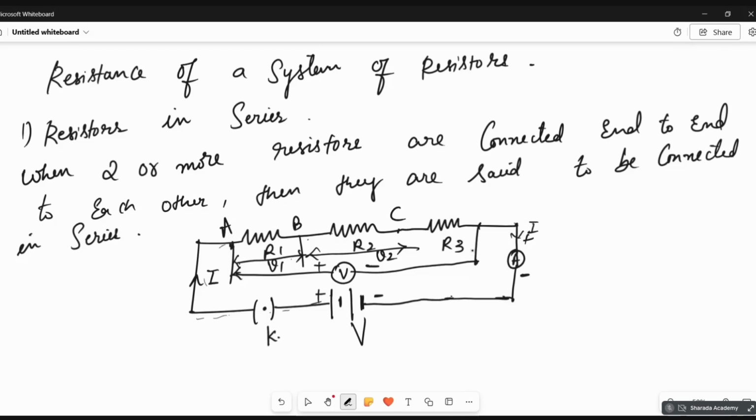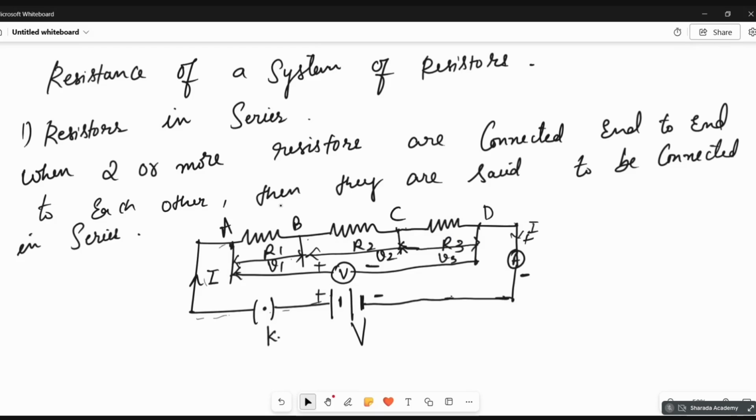And R3 will have the voltage between point C and point D. This we call V3. Because they are between different points, the voltages across them are different.